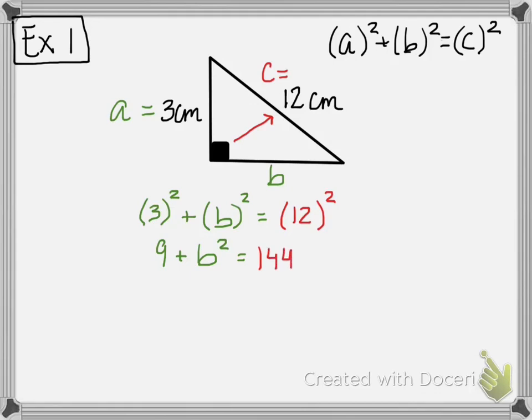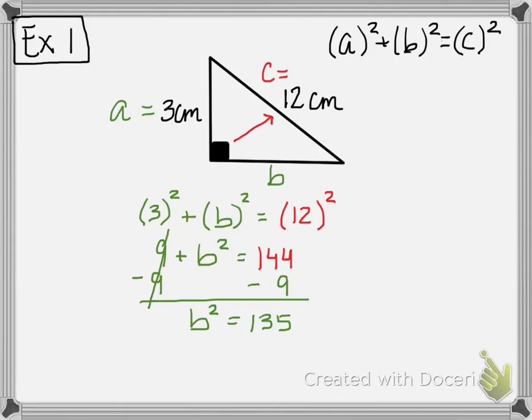Our goal in this type of problem is to get the b squared by itself. So your next step for all of these today is going to be subtracting whatever number is with that b squared so that it can go by itself. When I subtract, 9 minus 9 cancels out, and I'm left with b squared on that side, equals, and then I have to subtract 144 minus 9, and that gives me 135.